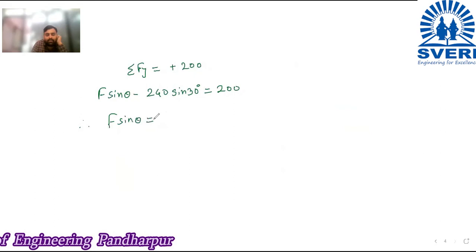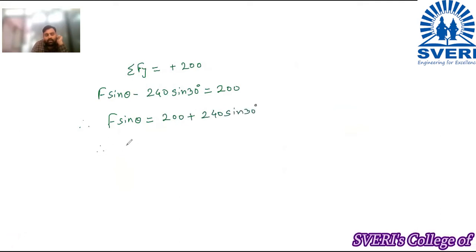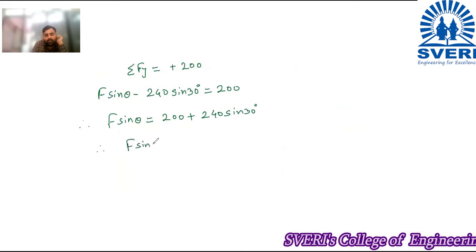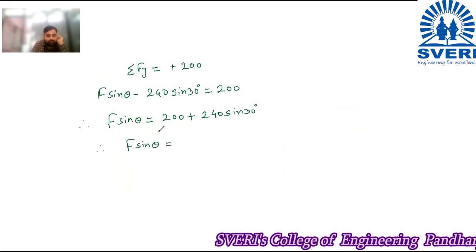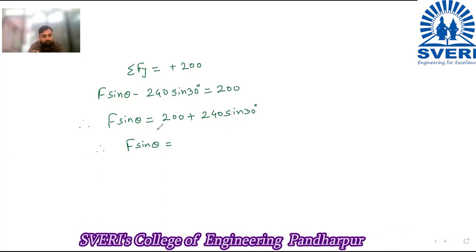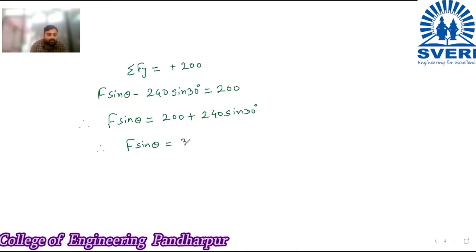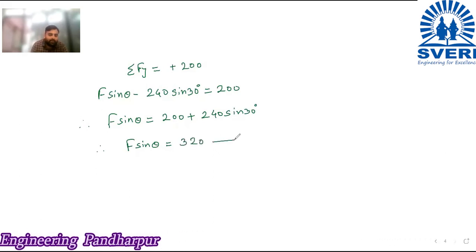F sin theta is equal to, it is 200 plus 240 sin 30. So do the calculation and let me know the value of F sin theta. 320. So this is our equation number 2.